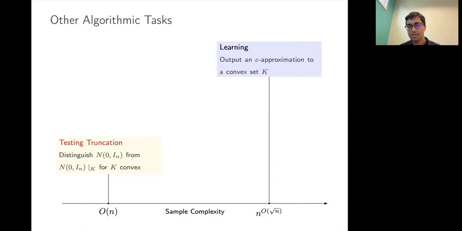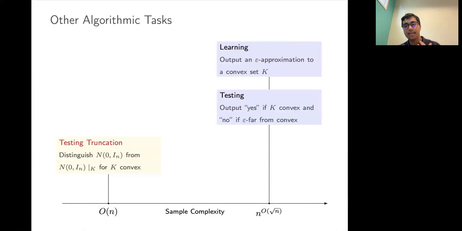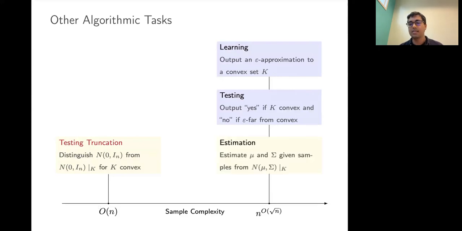Another natural task with convexity and the Gaussian distribution is to test convexity. So you're again getting labeled samples, and you want to figure out if a set is convex or if it's far from convex. And for this task, again, the best known algorithm has n to the root n, essentially requiring an exponential number of samples. And finally, one last task that people have been studying over the past 5 years is estimation.